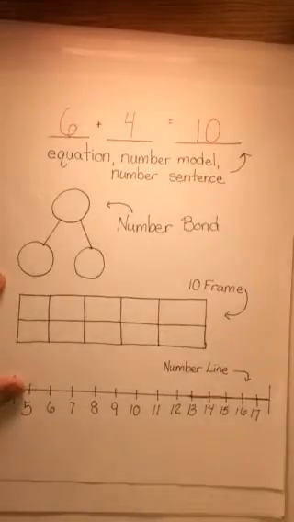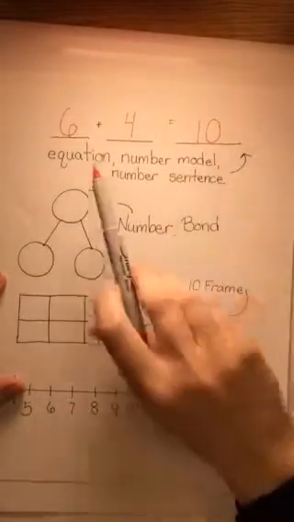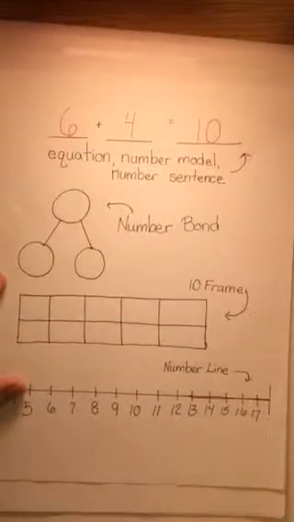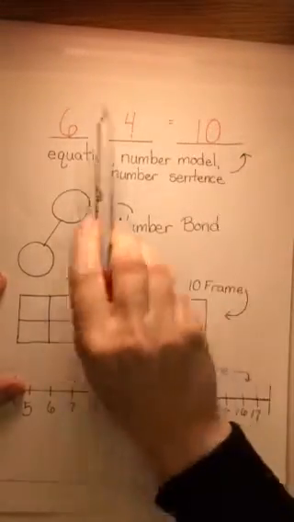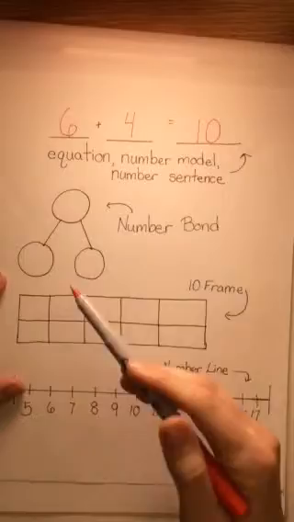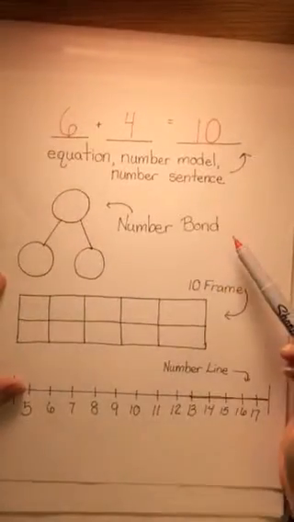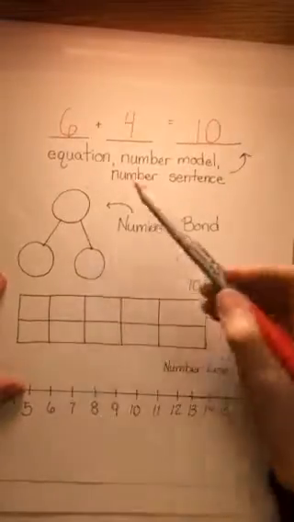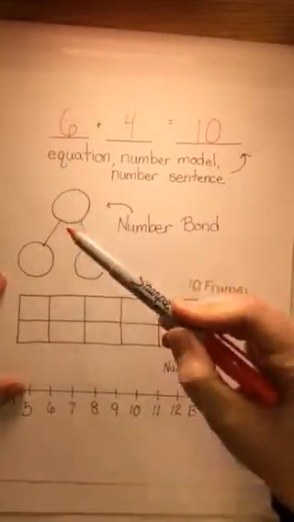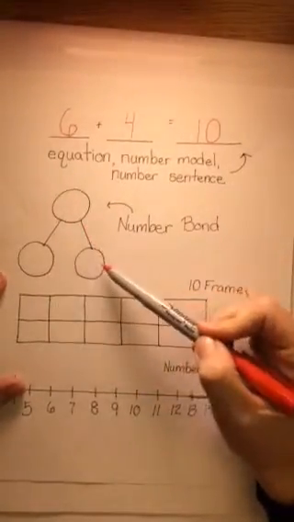When we ask the students to write an equation using the numbers we give them, this is what we expect to see. Often we'll ask students to also show us these numbers using a number bond. This is an example of what we expect to see when we say number bond. Now, a number bond starts with your whole number and it shows how it's broken into parts.